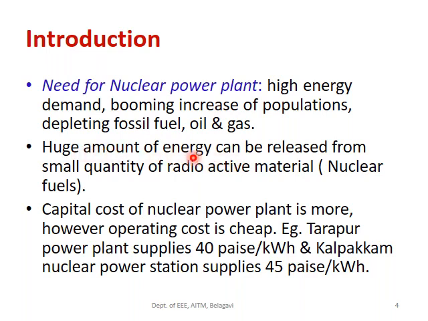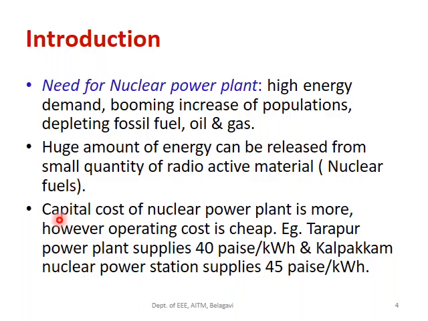In a nuclear power plant, a huge amount of energy can be released from a small quantity of radioactive material. With a small quantity of material we can produce a high amount of energy, which is not possible in various other power plants, such as hydropower plants or steam power plants.